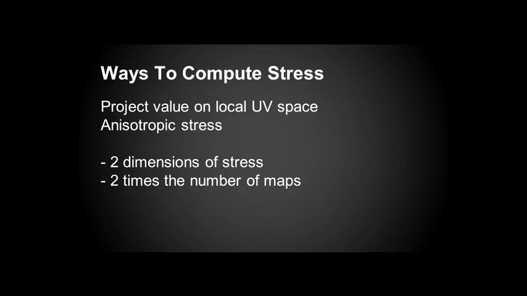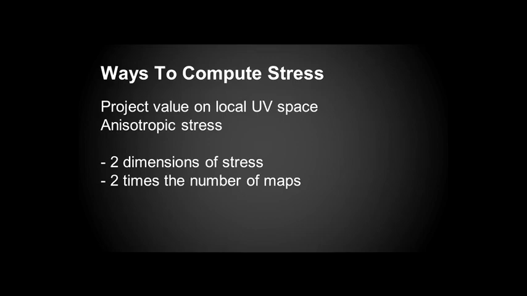And of course, this value, you can also project it on the local UV space. That way, you are going to be able to represent two dimensions of stress. So, for example, one piece of skin could be compressing in one direction and stretching in the other direction. If you have a single value, these will cancel out and you will get no stress.